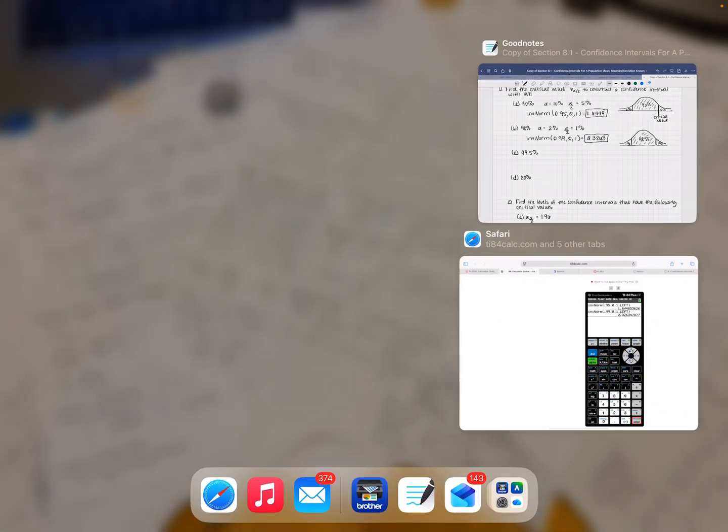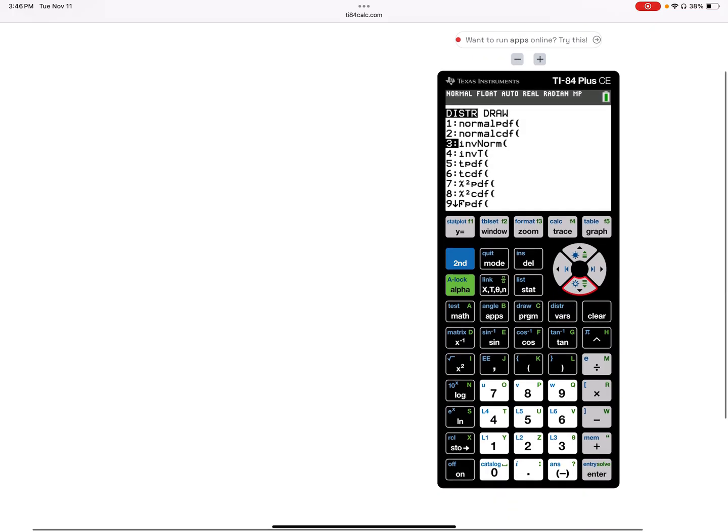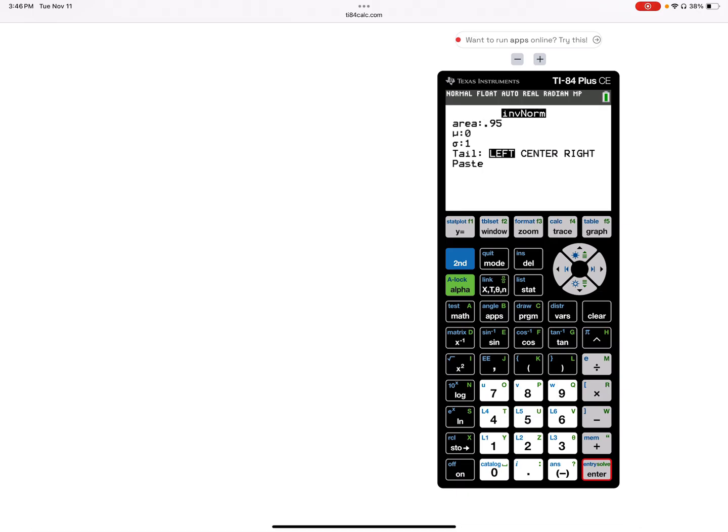If I do second vars and I'm doing inverse norm, and if I start with just what they gave me, that 98% that's in the middle, so I say 0.98, and then I do a 0, 1, and this time I say that 98% is in the center, we should get the same answer, and we do.